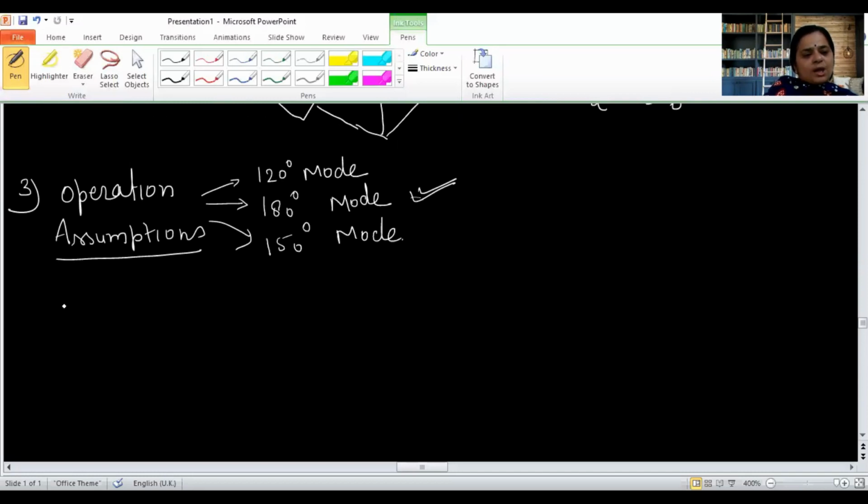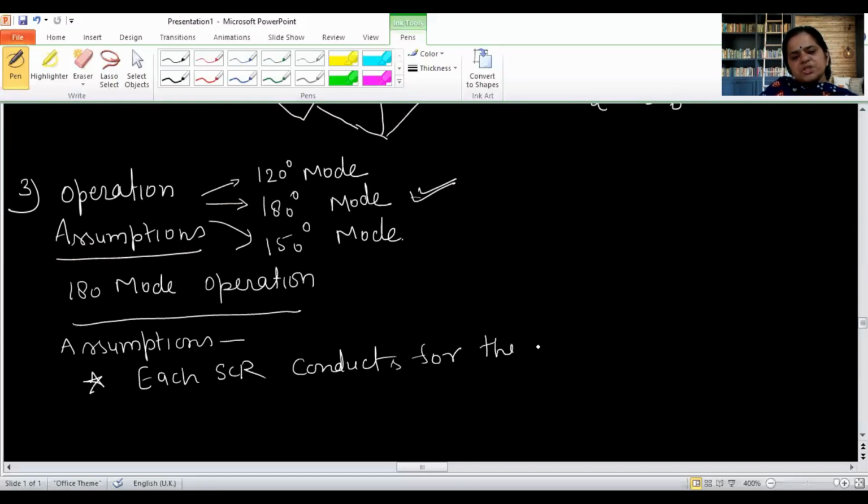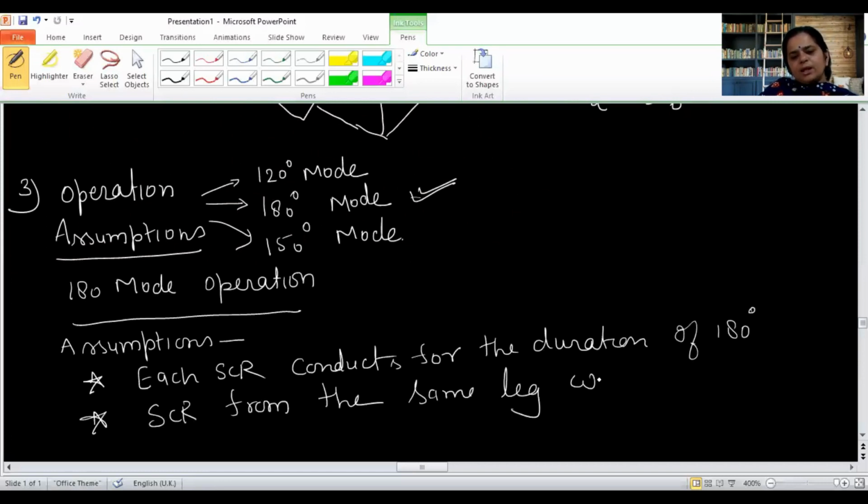So if I talk about the assumptions for the 180-degree mode operation, there are a few assumptions. Number one, each SCR conducts for a duration of 180 degrees. The second assumption, SCRs from the same leg will conduct after an interval of 180 degrees.